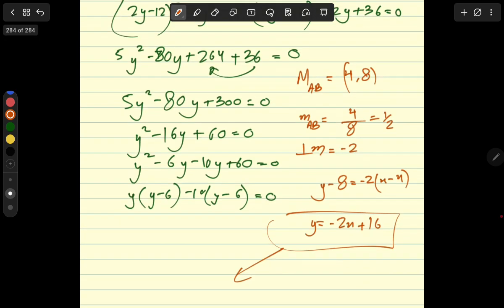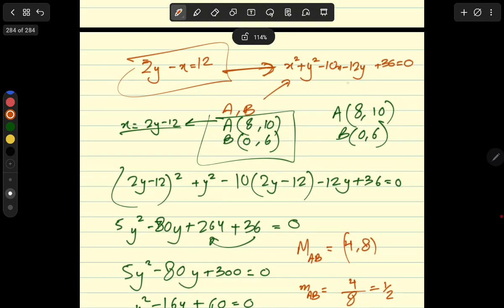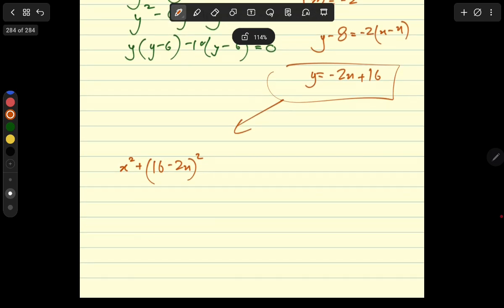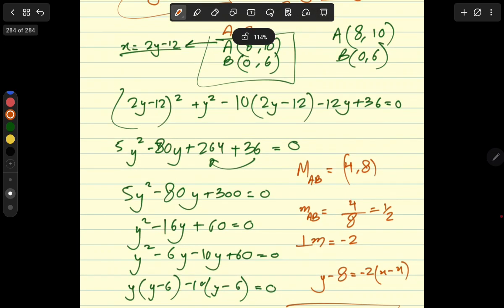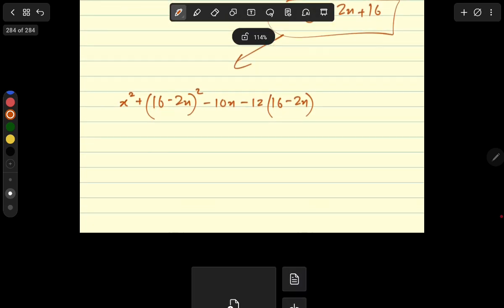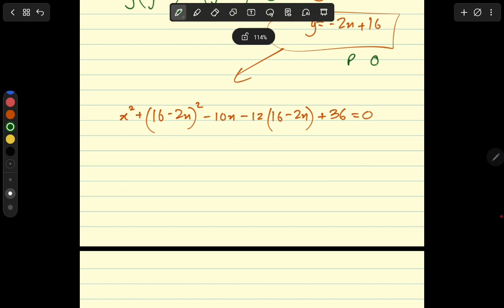So this is x squared plus y squared, where y squared is (16 minus 2x) squared, and minus 10x minus 12y, which is 16 minus 2x, and then plus 36 equal to 0. The solutions that we are going to get are going to be the coordinates of P and Q, because this line intersects the circle at P and Q.